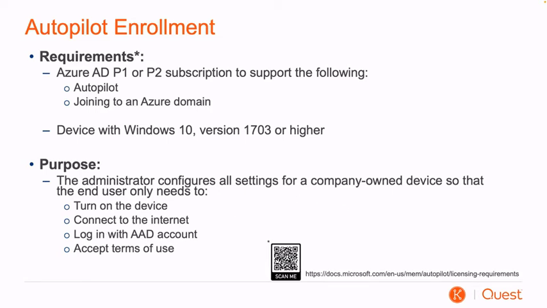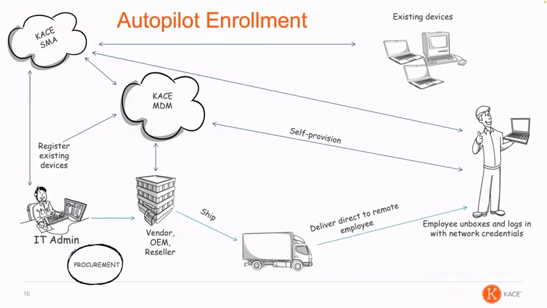So Sven, can you jump on to the next slide, please? Of course. Just to explain this step a little bit more in detail how that works. Let's say you're the responsible IT admin, and you want to order new devices for your employees.